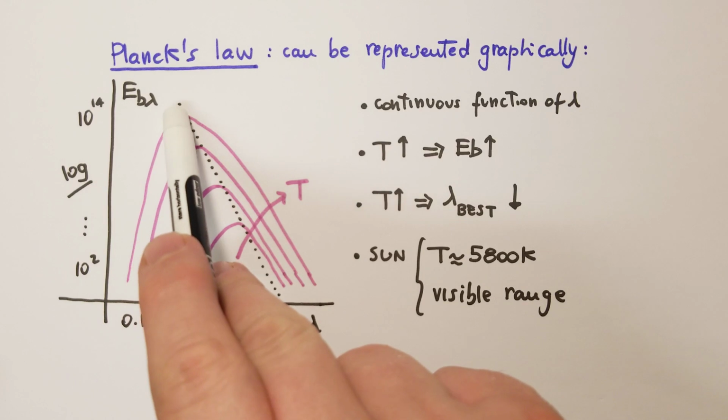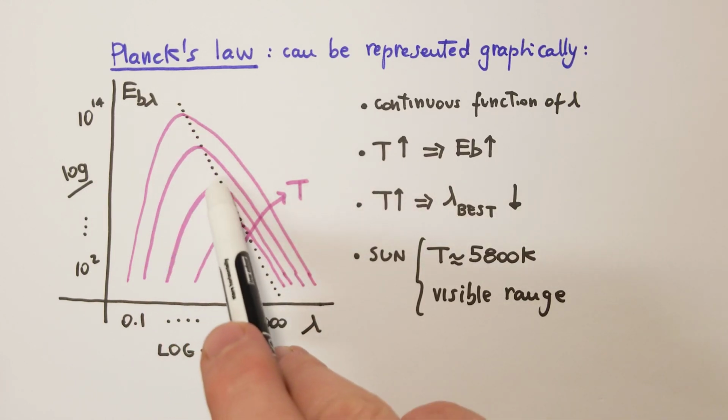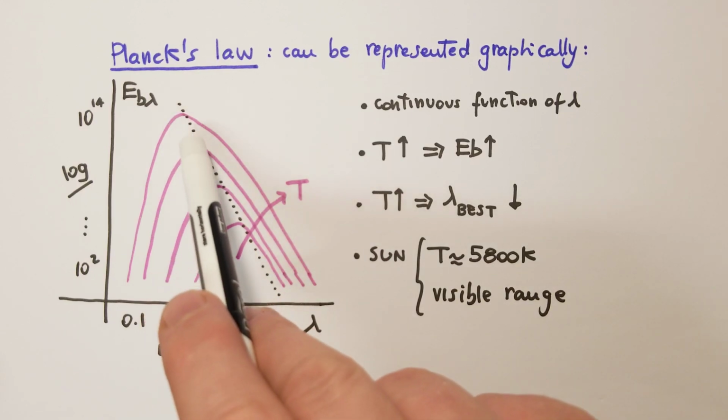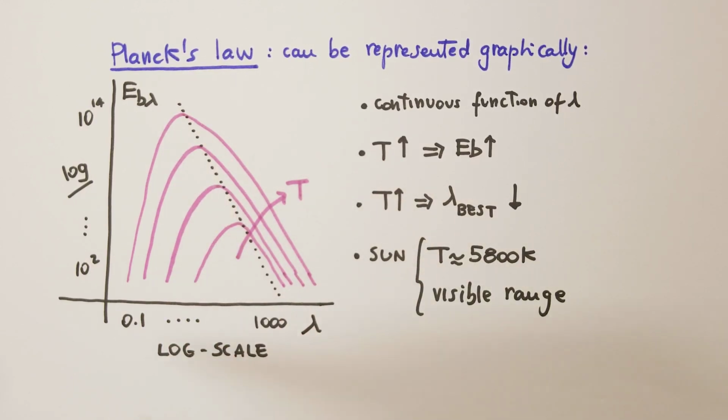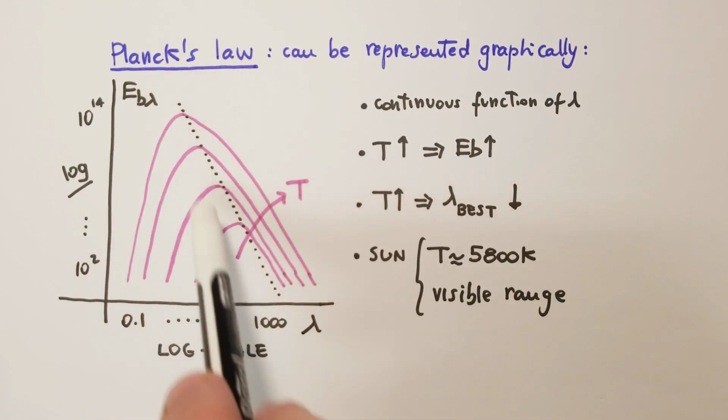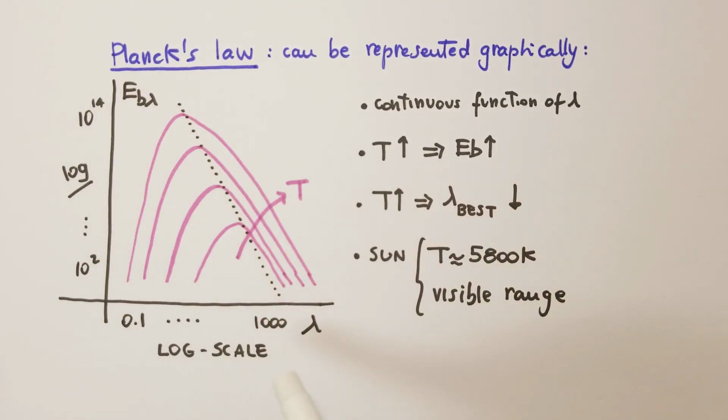And you've noted here this dotted line that connects all the maximum points. So all these points here are the maximum emitted power for each temperature, and they also define the optimal wavelength.